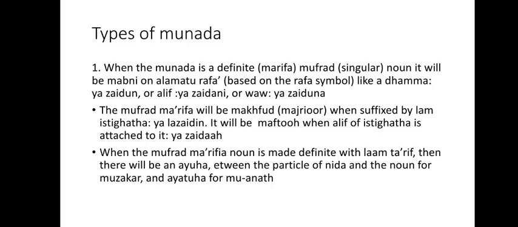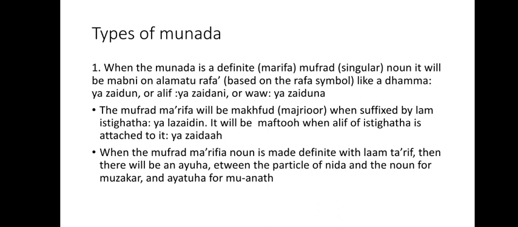So as I just said, there are different i'rabs, cases which munada can occur in, depending on the scenario. So when the munada itself is a ma'rifa, it's a definite word, like ar-rajulu, and it's mufrad, it's singular, it will be mabni on alamatul rafa.